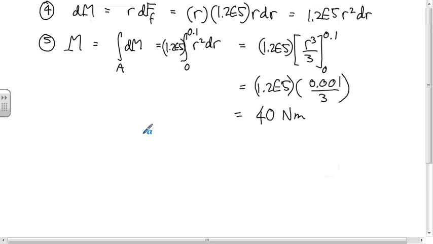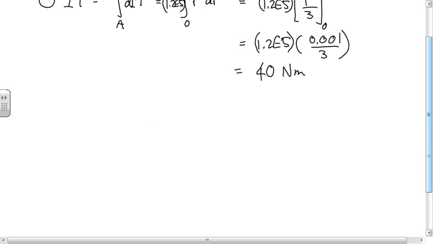The fact that you have that rotational motion is the reason that every ring produces a different moment. And that's why you have to go through the integration. Any other questions? Okay.